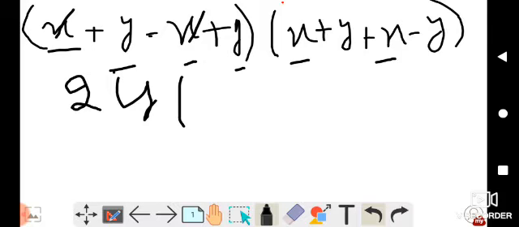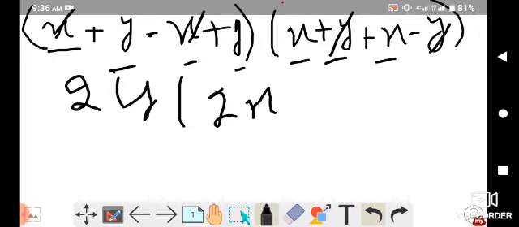Okay beta, 2x means one x here and one x here. Now this y is positive and this y is negative, so we cancel these both. So the answer is 2y, 2x.